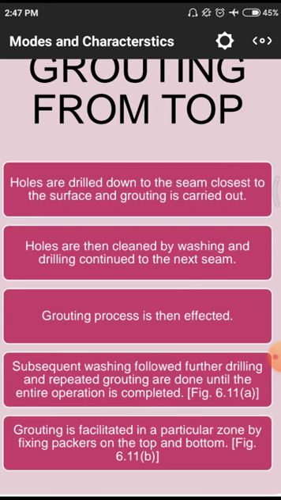And the fourth one is subsequent washing followed by further drilling and repeated grouting until the entire operation is completed. And the last one is grouting is facilitated in a particular zone by fixing packers on the top and bottom of the structure. This is the technique where they go for grouting from top to bottom.